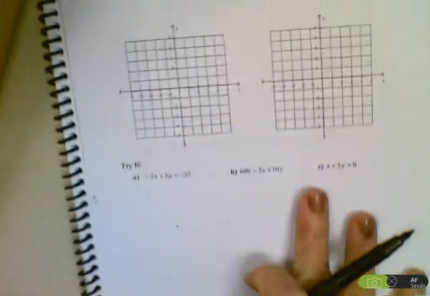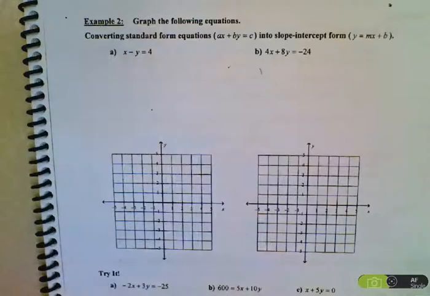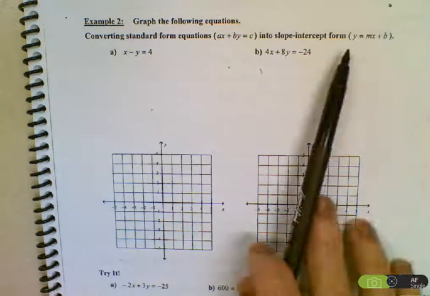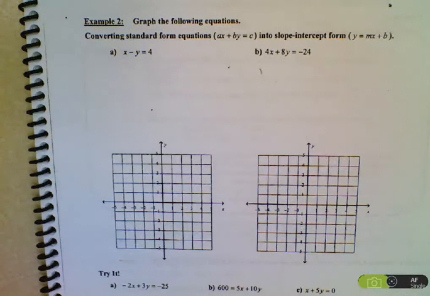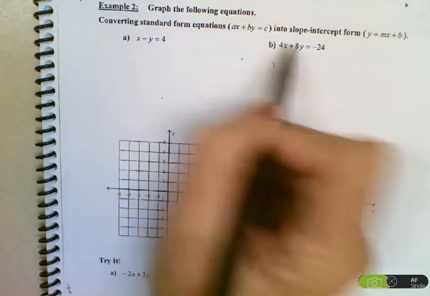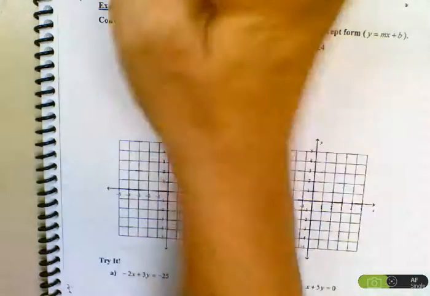Okay. So now in my class, I know that we have been changing things into slope-intercept form a little bit, but our preferred way to graph standard form is to actually use our intercepts. But for now, we're going to actually go through and change our equations into slope-intercept form. So remember what the first step is.